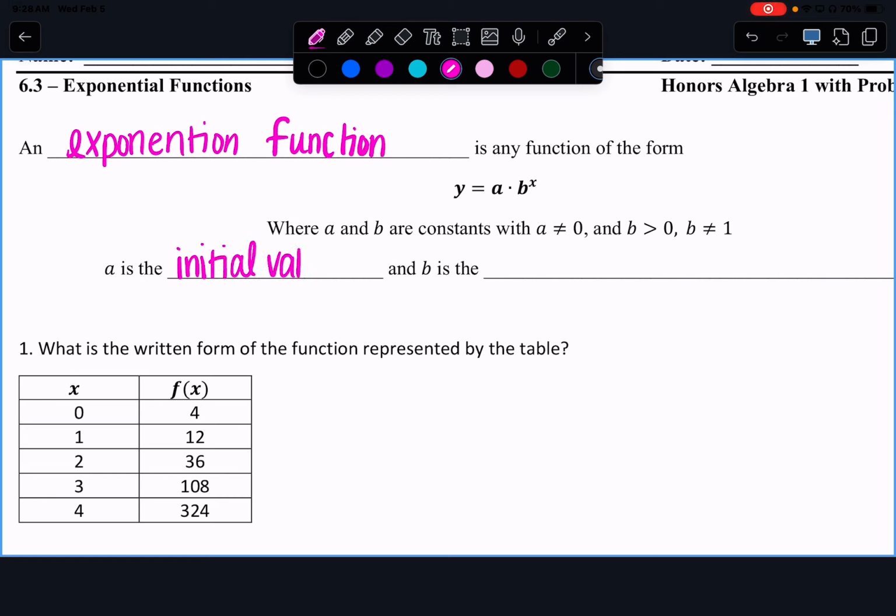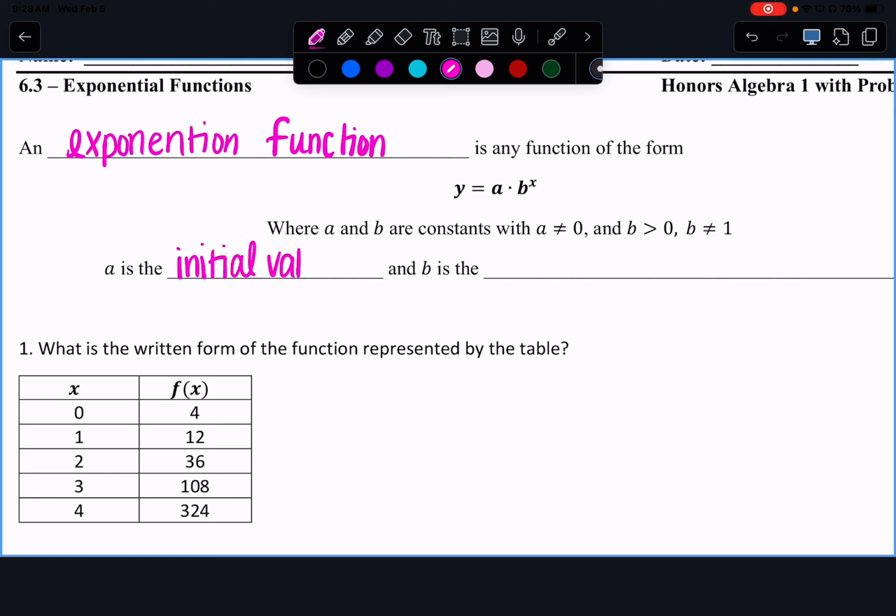And then b is our constant ratio. It's whatever we need to multiply the previous one by to get the next one.